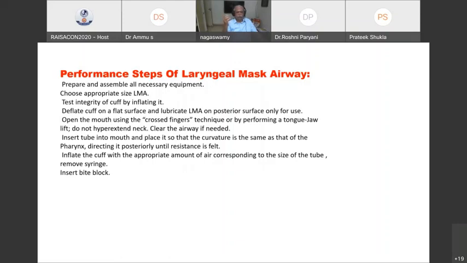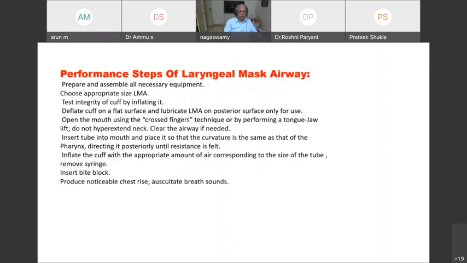Who is the inventor of the LMA? Archie Brain. Yes, very good. That first prototype never had a bite block. Later on, because of this problem, they introduced the bite block in the later generations.